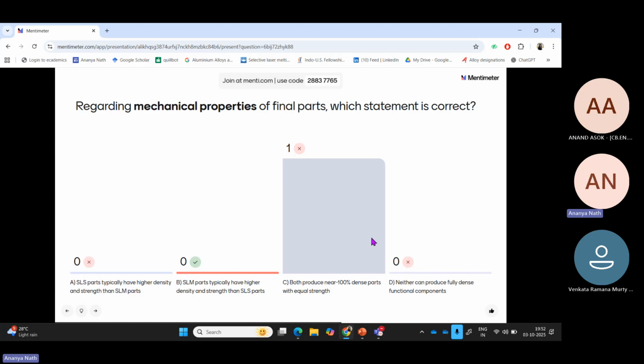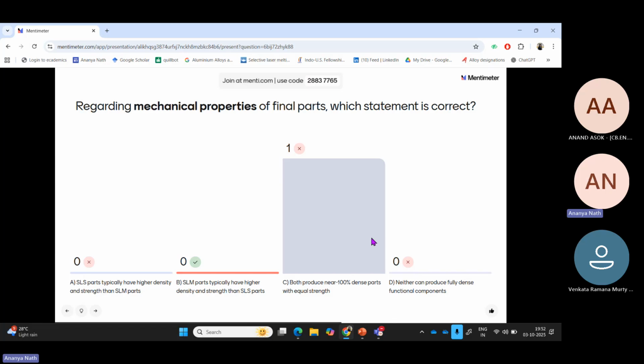So it's just the binding materials or the coating getting melted, sintering the powders together, or the powders getting fused together. So at the necking also there can be porosity. So the chances of porosity are way higher in SLS than SLM, because in SLM we are properly melting all the powders.